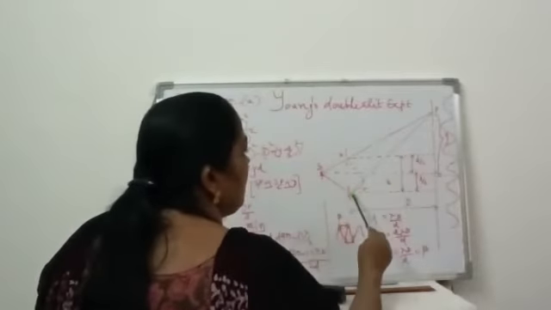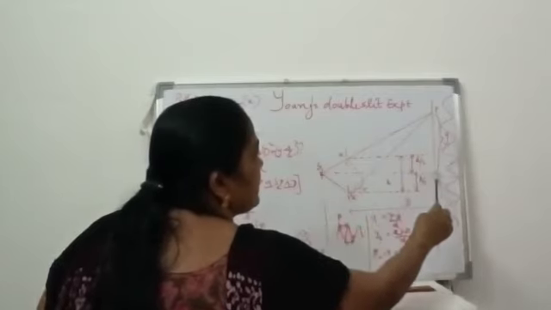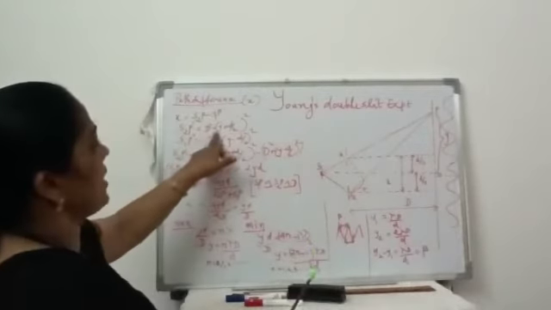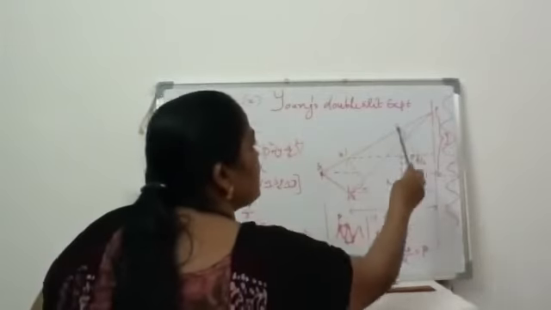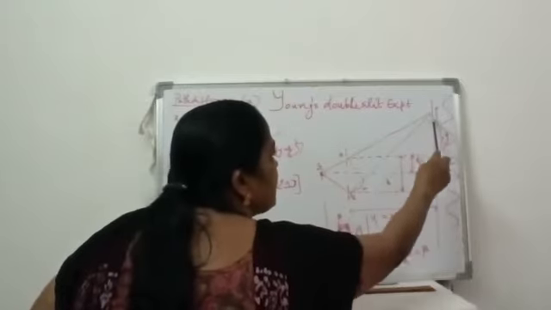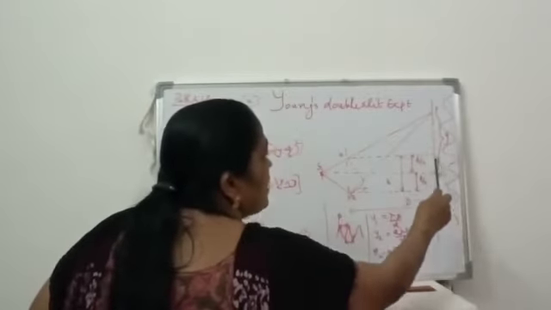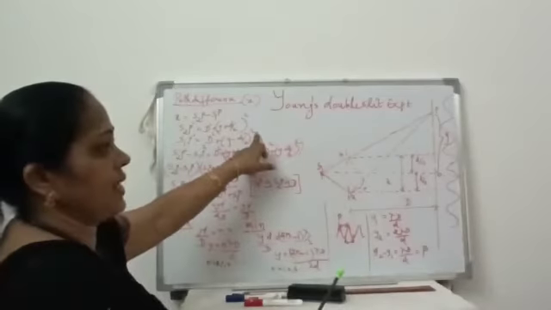S2P squared will be this squared plus this squared. This is y and this is d by 2. So d squared plus y plus d by 2, the whole squared. Similarly, what is S1P squared? It will be d squared plus, this is y, so you can write it as y minus d by 2, the whole squared.